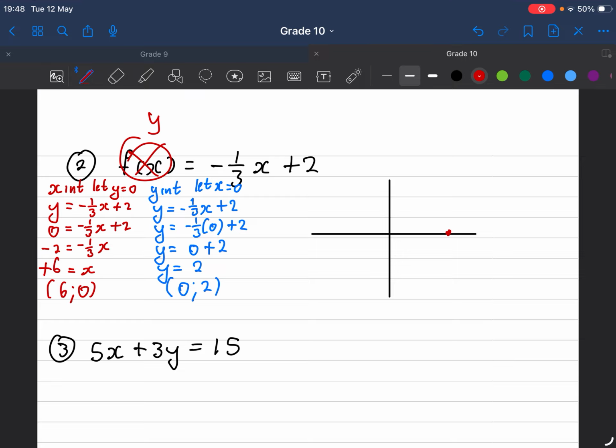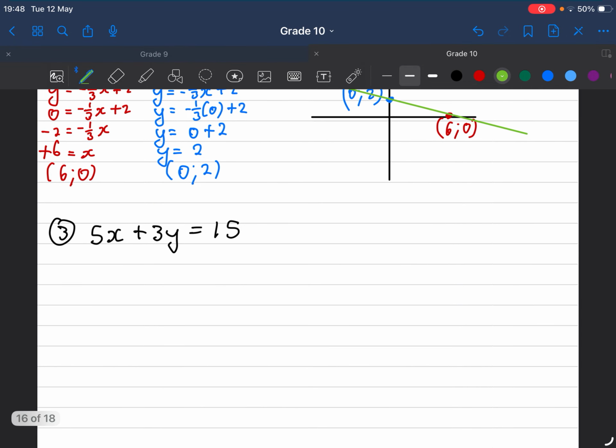So 6 and 0 should be over here, and 0 and 2 should be over here. And then draw a line across them. So something like this. Obviously it's got to go across those 2 points.